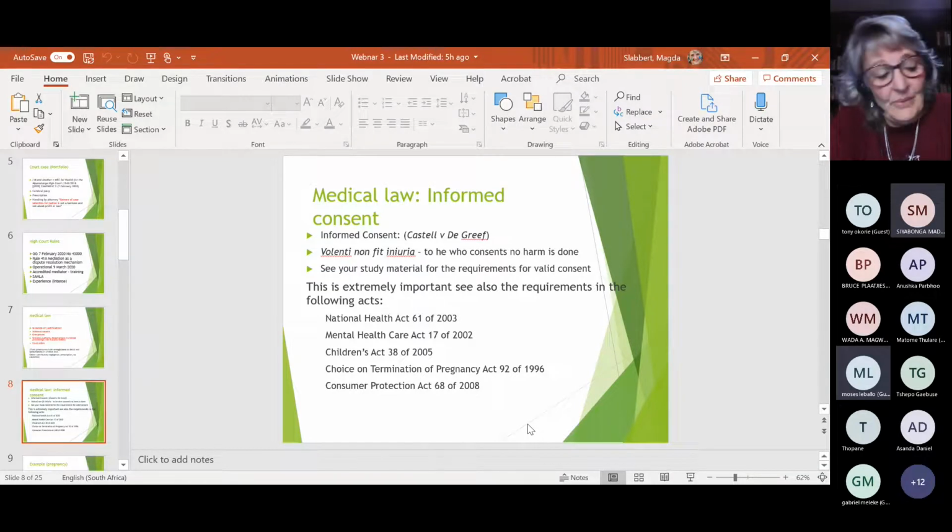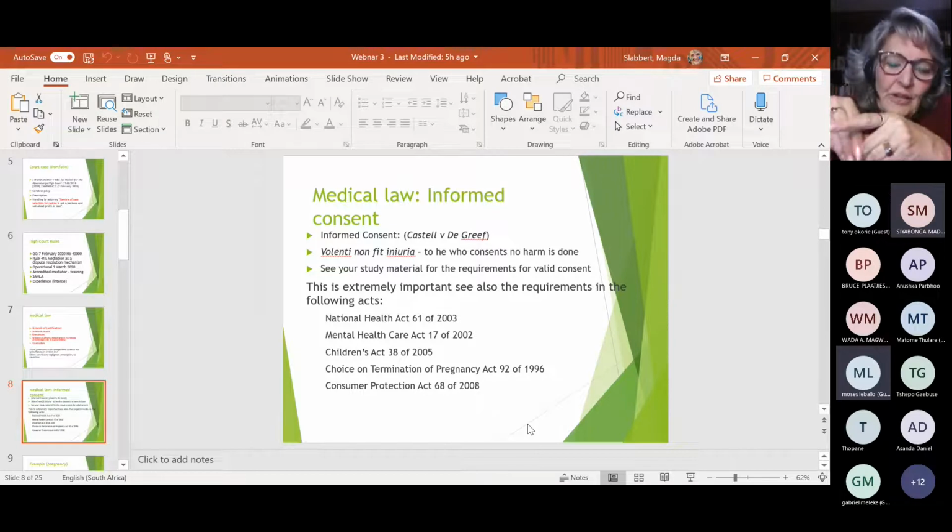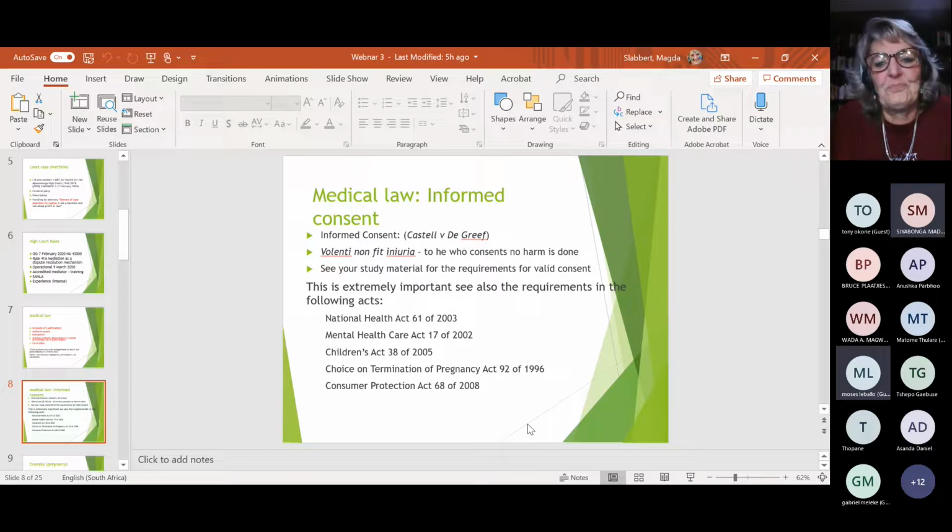One can assume that before the hospitalization the doctor discussed the procedure with the patient in his or her consulting room. So that will be the correct way to do it. But the end duty is on the doctor and not the nurse, although the nurse will do the practicalities.